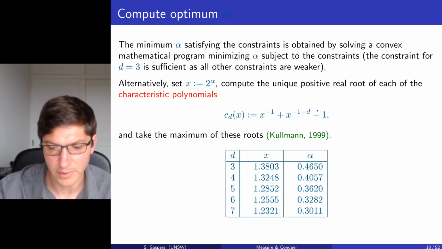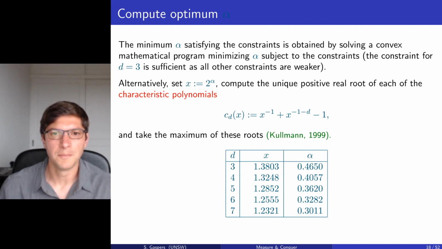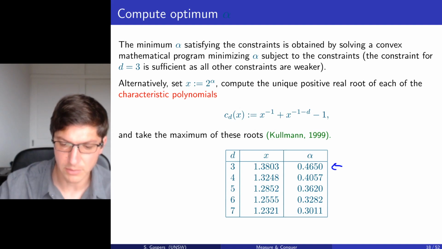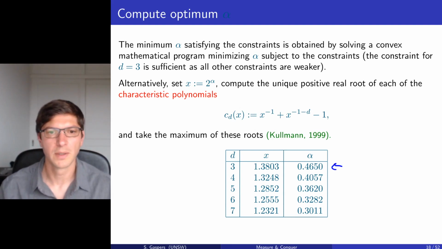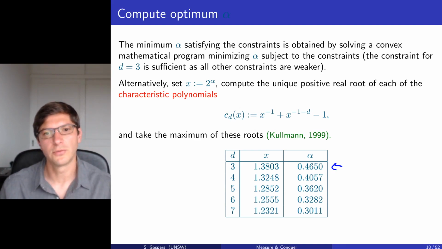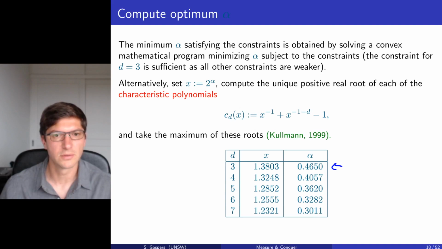So we take this 1 to the other side and we get a minus 1 here. If you take the largest of these roots, we see that for d equals 3 we get the largest root. So in the end we'll get the value for alpha, which is 0.4650, and 2 to the power 0.4650 is about 1.3803.